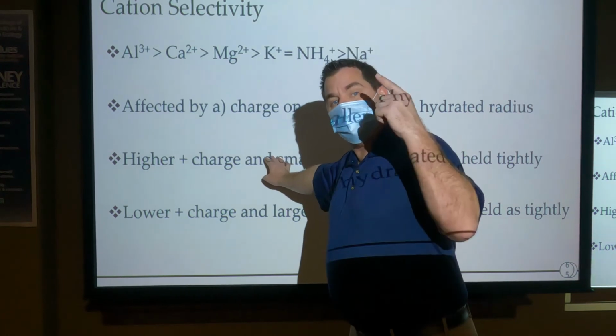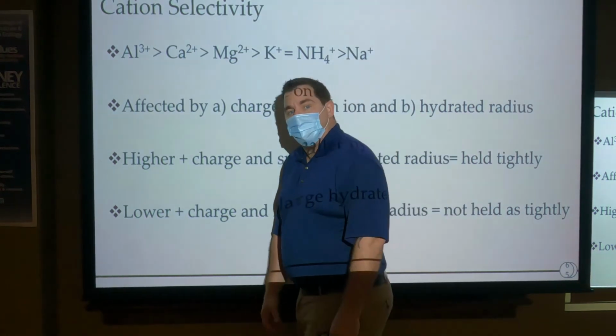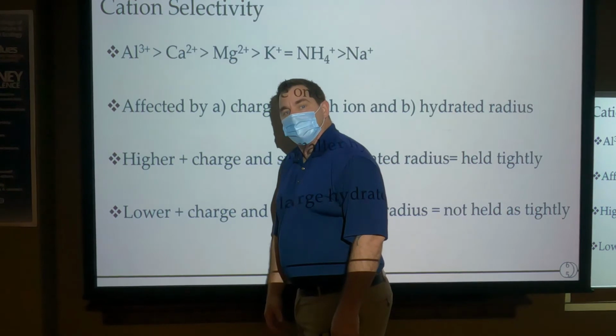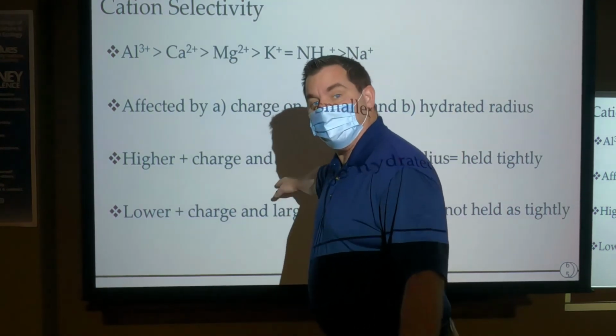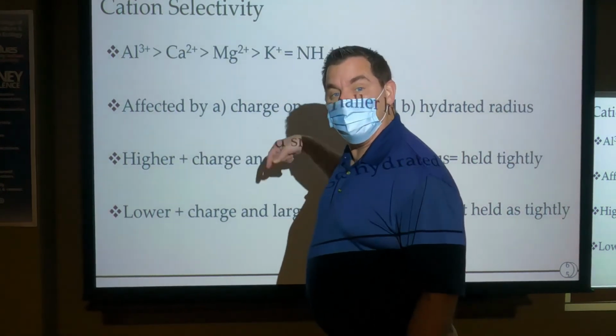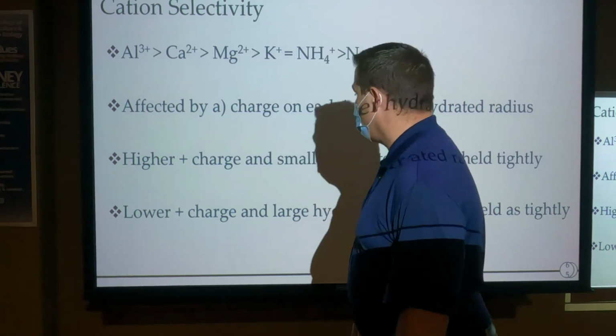Aluminum, high charge, low radius, held very tightly. Sodium, low charge, high radius, not held as tightly. It's about the distance between the charge attraction.